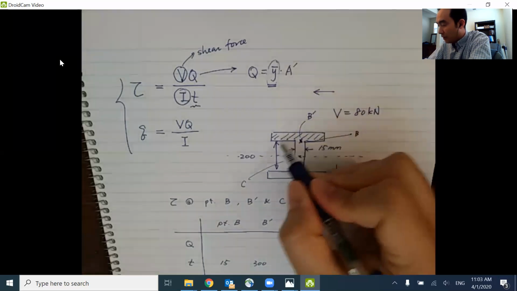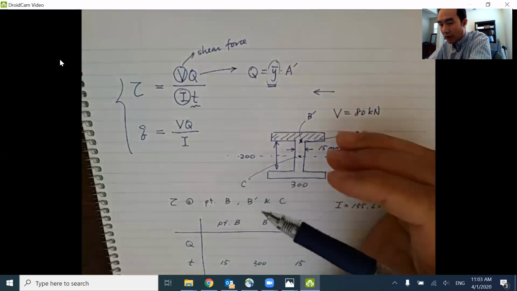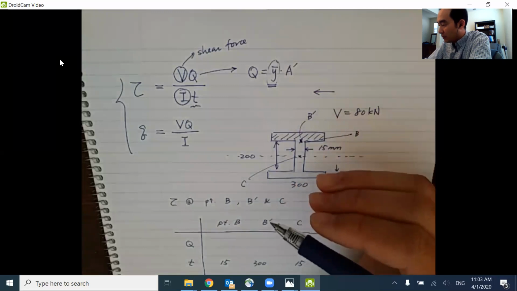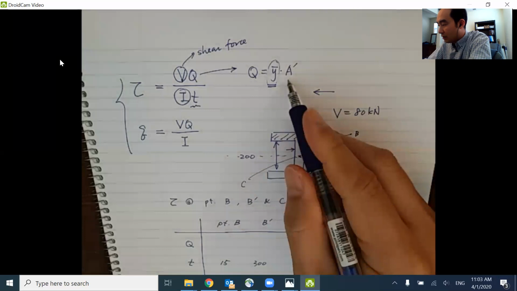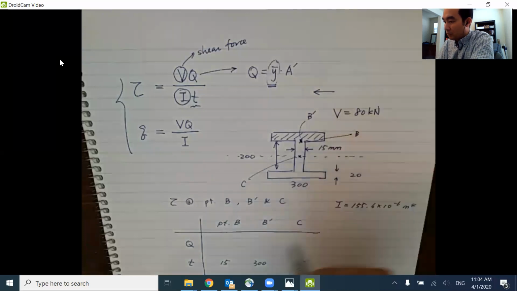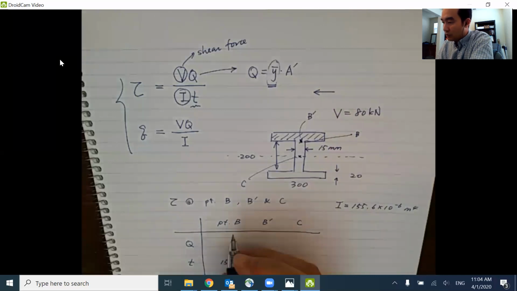This shaded area, we always estimate the area from the top of the section to the location where we're looking for the stress value. So we can easily calculate A prime as 300 millimeter times the thickness of the top flange, which is 20 millimeter. Okay, so Q for both B and B prime is going to be the same.